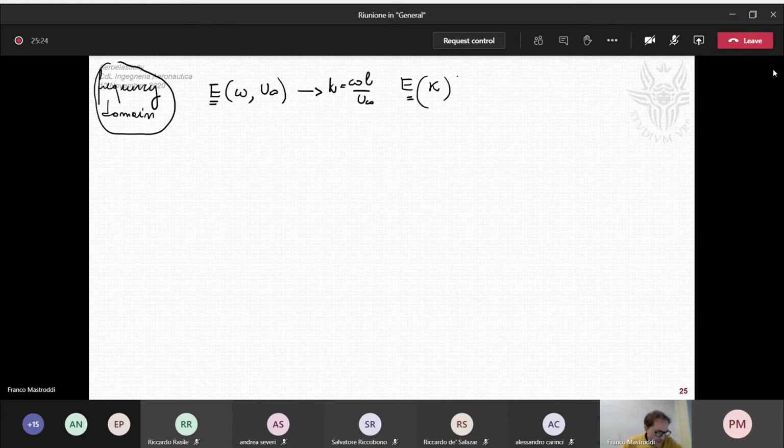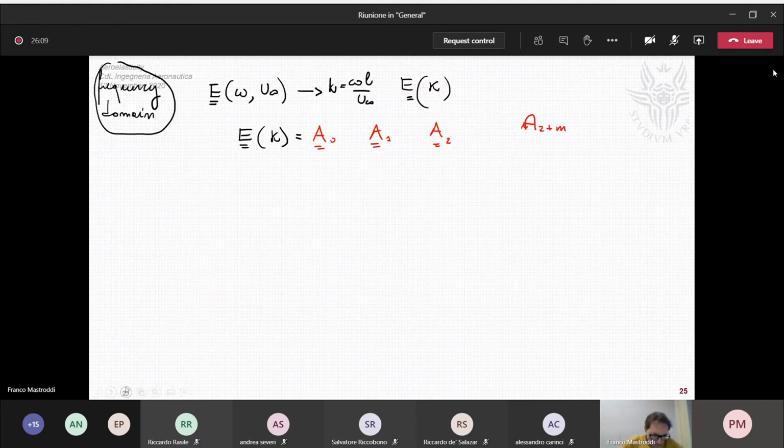Now, imagine to approximate this dependency on k in the following form, assuming some fixed, constant matrices A0, A1, A2, plus M poles.